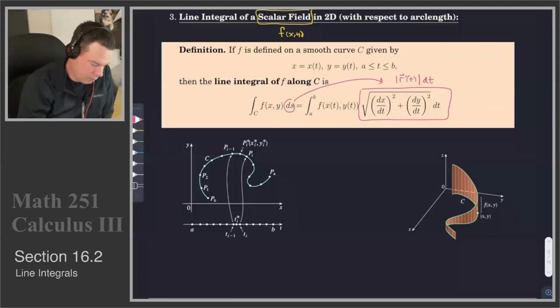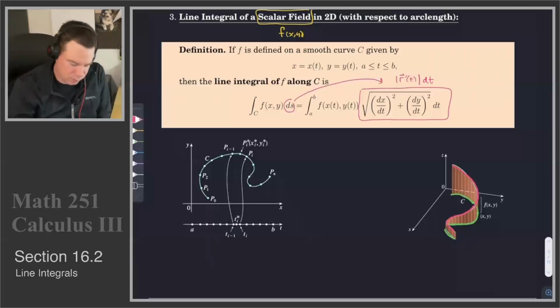So I'm going to look at this picture down below, and I'm just going to think that I've got a curve in the plane. This is what I want to integrate along. I've got my values of my function at points on the curve in the plane. That gives me this upper curve.